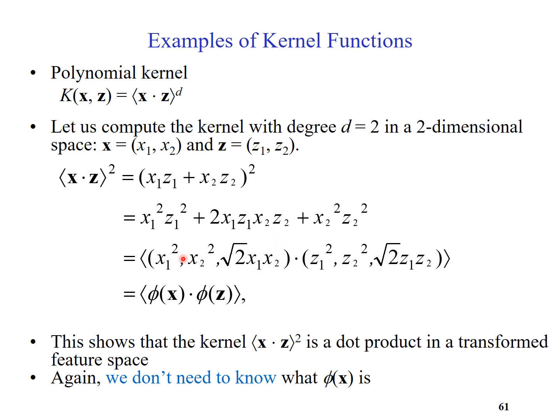It automatically increases the dimension to three, and these are the configurations of the three dimensions. That's what this polynomial kernel does. As I said, we don't need to know the number of dimensions and configurations, etc. Everything is done by this kernel function automatically.